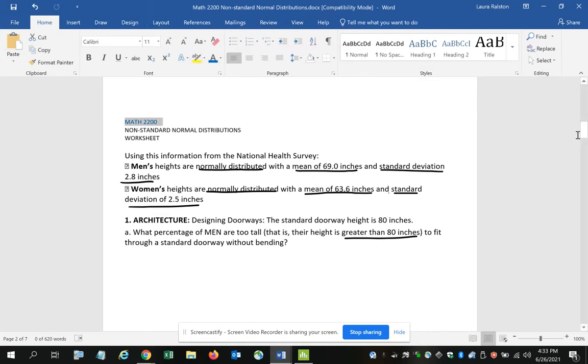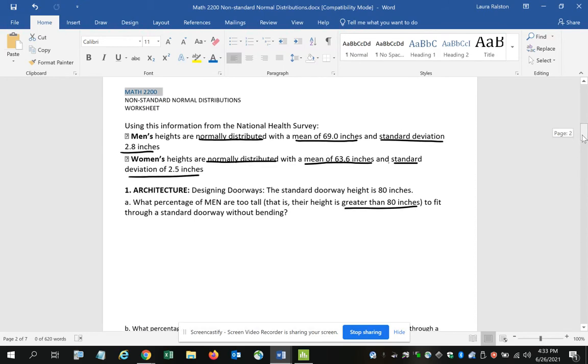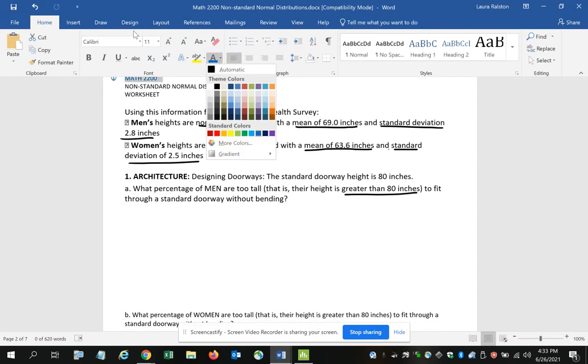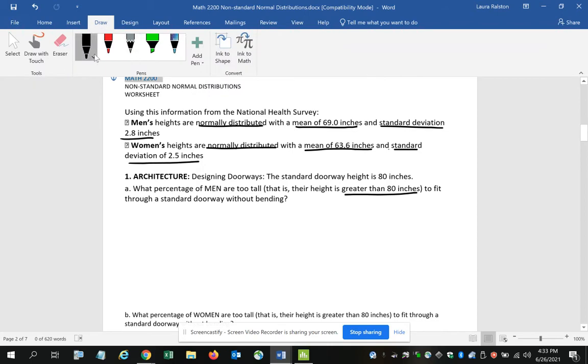Now, I personally like to draw a sketch of what it is that I am looking for. I know that men's heights are normally distributed, so I'm going to have my horizontal axis and my bell-shaped normal distribution, and the mean is in the middle.